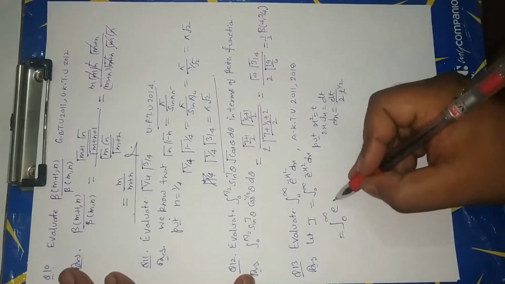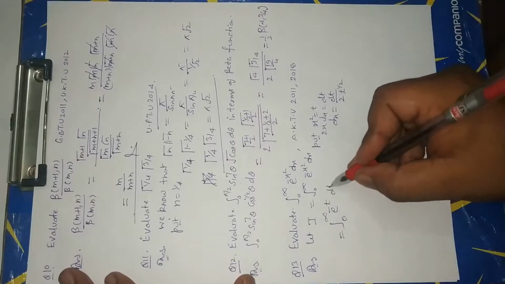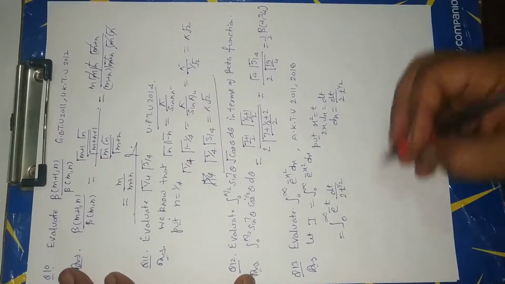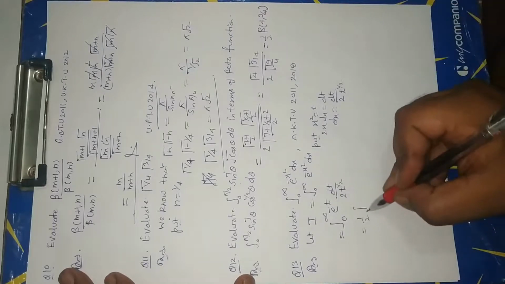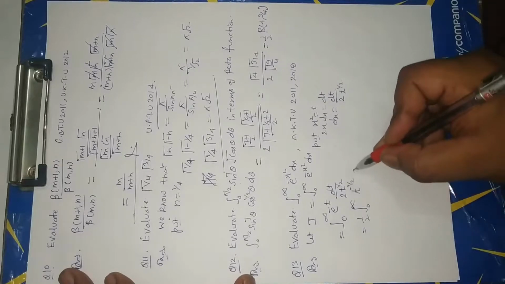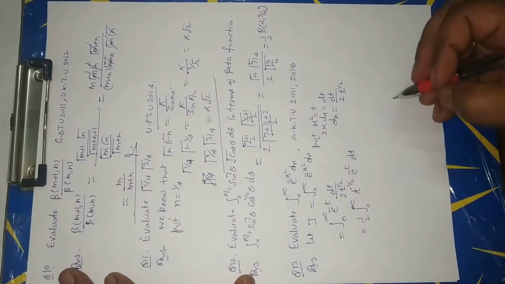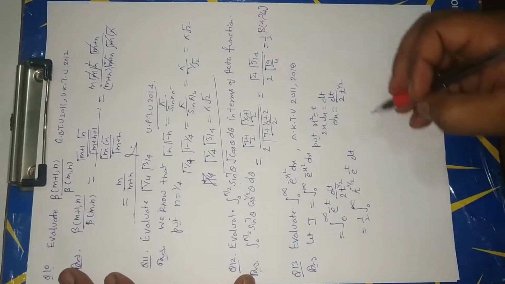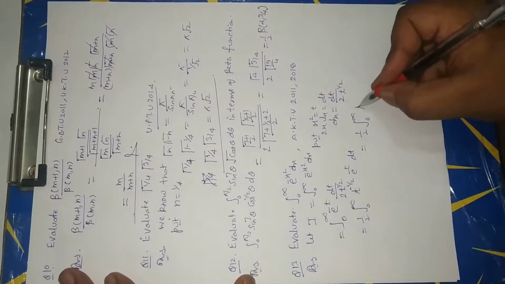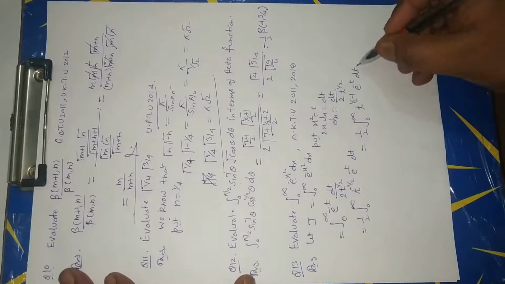So e to the power minus t, and dx is dt upon 2 t to the power half, which gives t to the power minus half e to the power minus t dt. This is equal to 1 upon 2 integral limit 0 to infinity t to the power half minus 1 e to the power minus t dt.